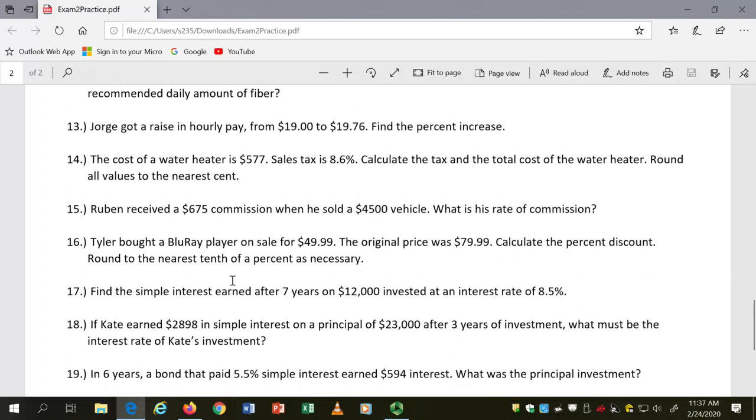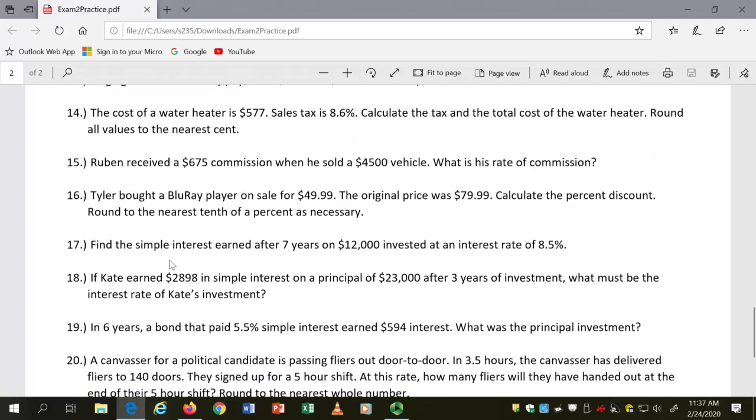Oh, yeah, so simple interest. That was one of the applications that we covered, so on number 17: simple interest earned after 7 years on $1,200 invested at a particular rate. I'll put down the formula on the exam if I end up using it.